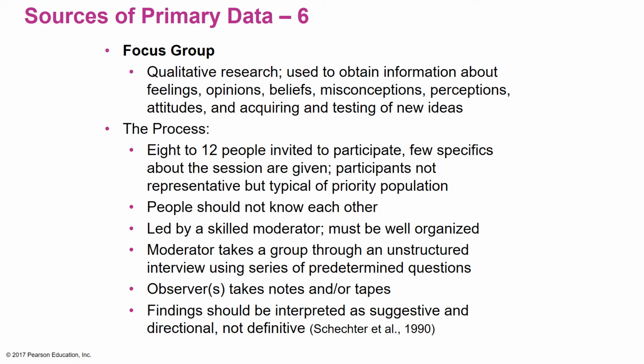And while these people you invite to participate, they're not necessarily a true representation of your priority population. What I mean by that, your priority population is probably stratified by particular characteristics.